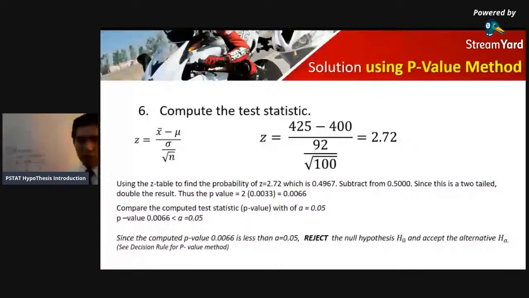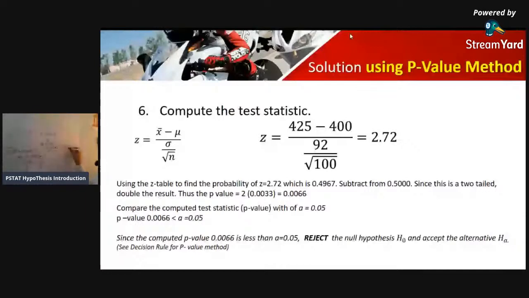Next, the value now is 0.0066. You compare it with the alpha, which is 0.05. Here we can obviously see that this value is less than 0.05.